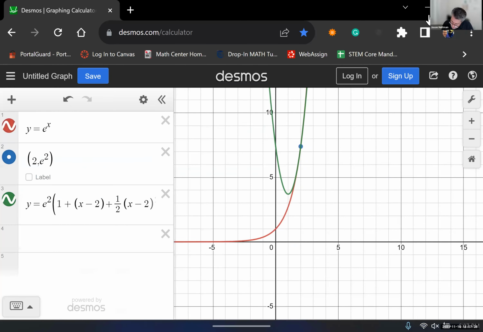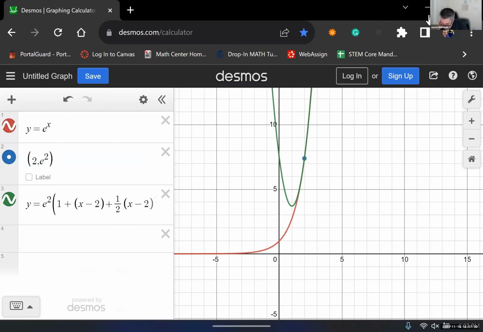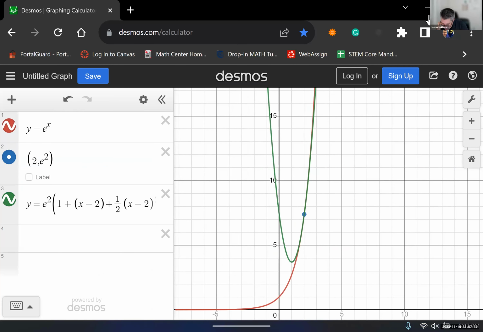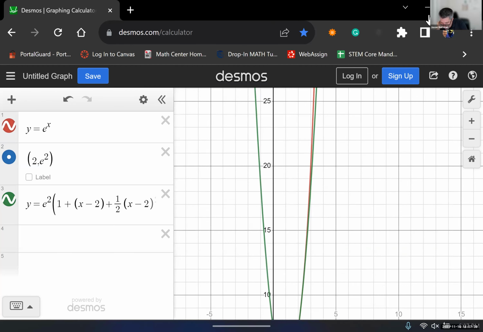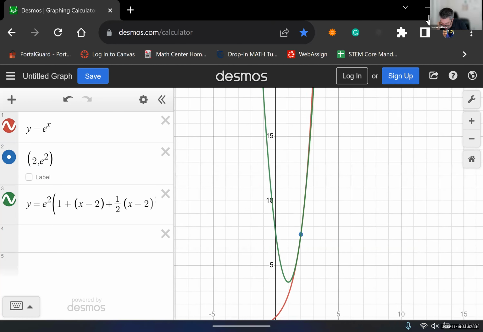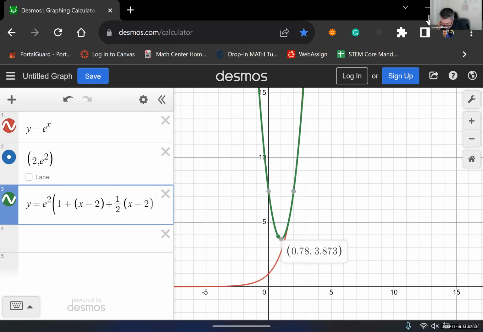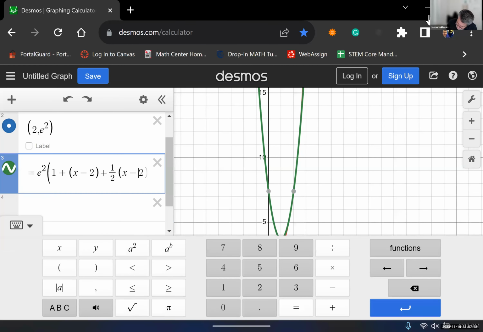And if we look at this now, we see that's a parabola that does kind of approximate things as it goes up exponentially. It's not a good approximation, and especially before 1 here, it breaks up and goes up instead of going down. So let's see what happens if we add another term, a cubic term.